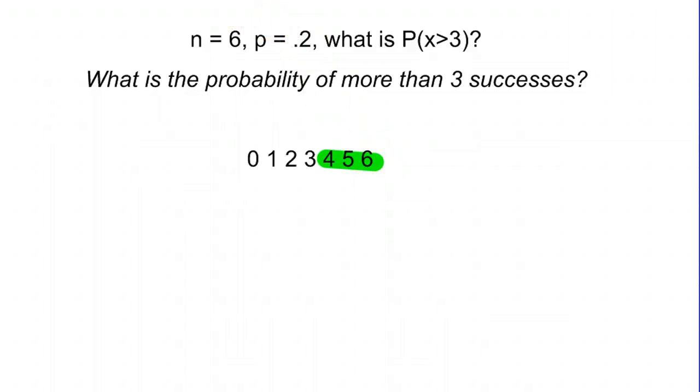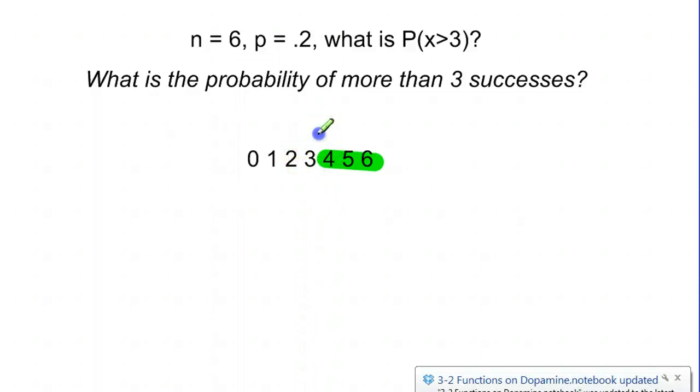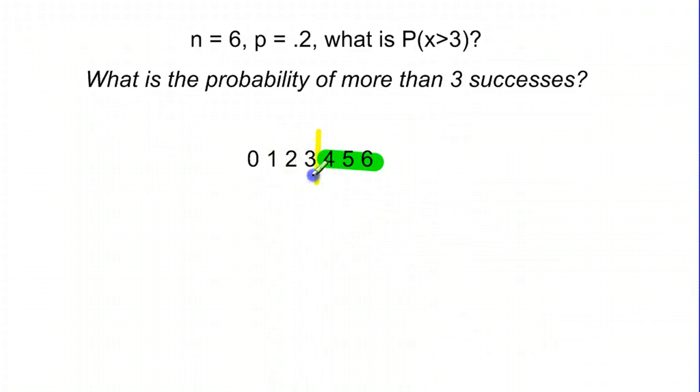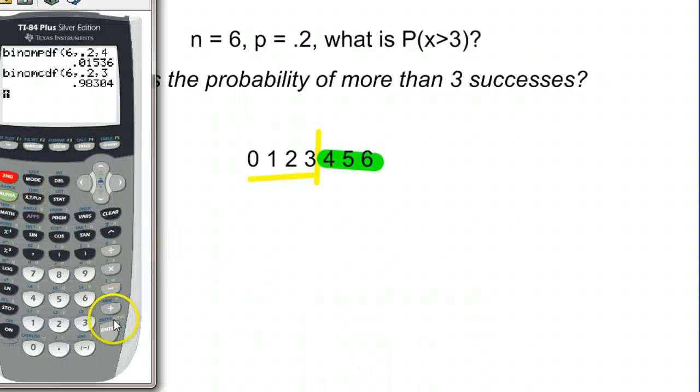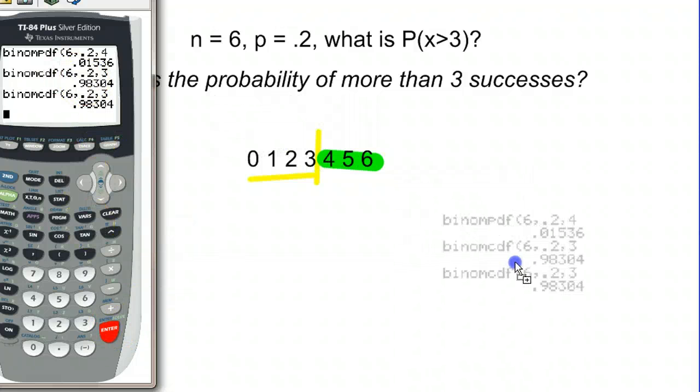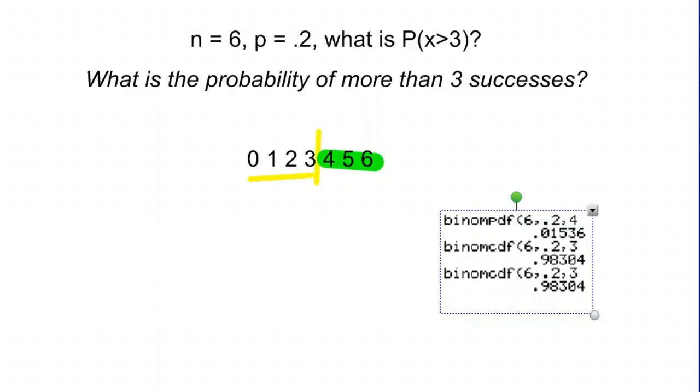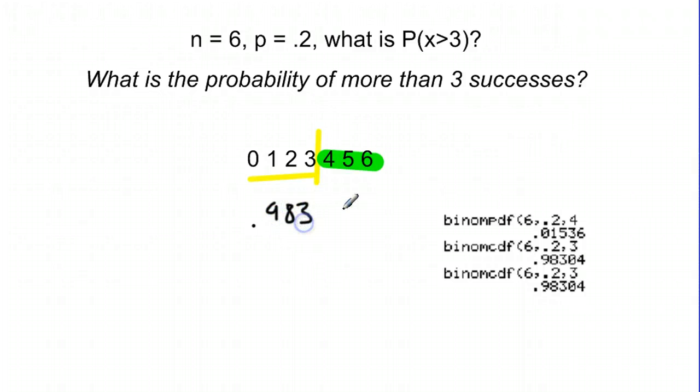The way that I do that with my calculator is not by typing in 6. Instead, I take the other side of this list. If I break this list in half, I take the lower end, 3 and down, and I find the probability of this. Here's why. If I find the probability of 6 comma 0.2 comma 3 and say that it's 0.983, then I can use that to figure out the other side. So 0.983 is my probability of success on the left.